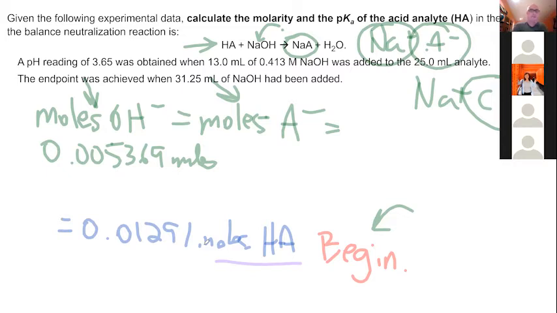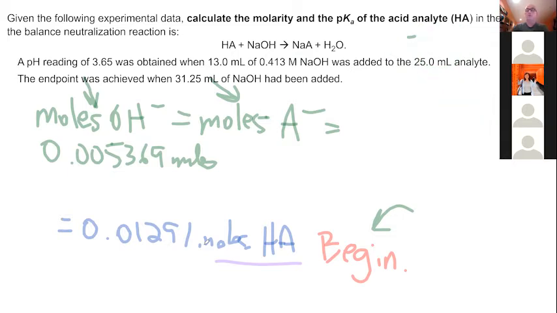All right, cool. But what you have to remember now is that for every mole of A minus that's created, where did that come from? The weak acid, right? So every time we create a molecule of A minus, we remove a molecule of HA, because that's where it's coming from.